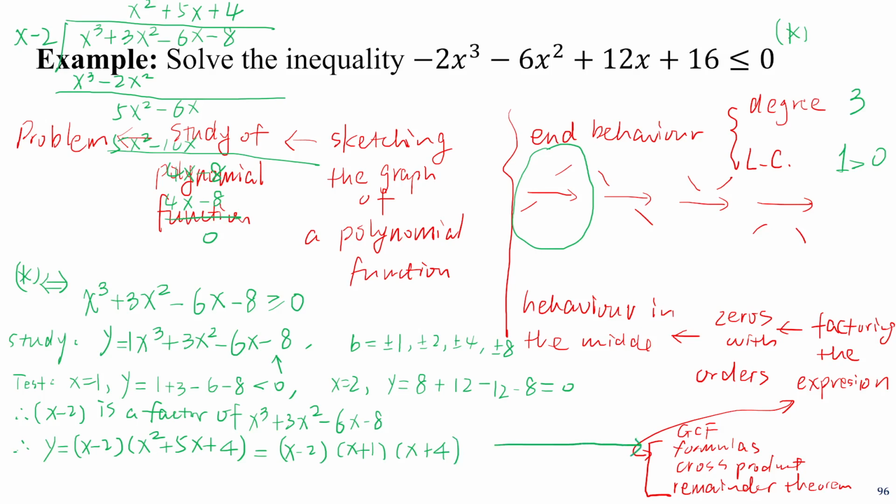First of all, we know the end behavior looks like this, extending from the third quadrant to the first quadrant. And we know there are 3 zeros, which are negative 4, negative 1, and 2, all of them with order 1, right? So the function will act like this. First, it will come from negative infinity all the way to the first zero, negative 4.